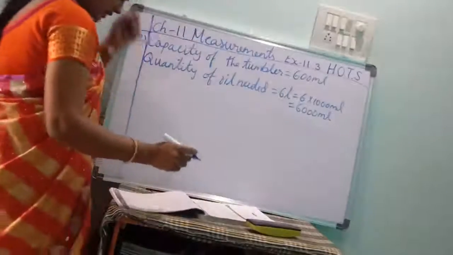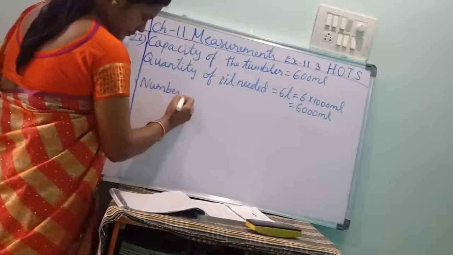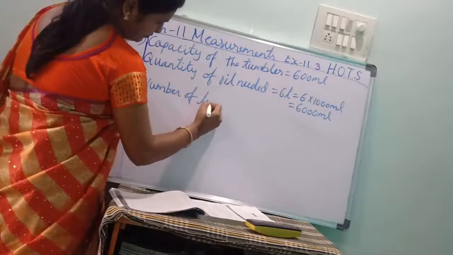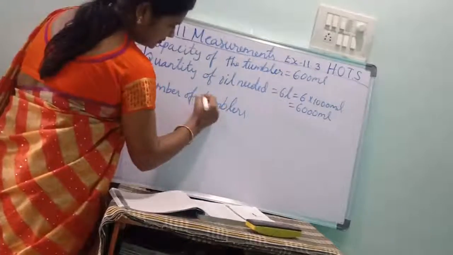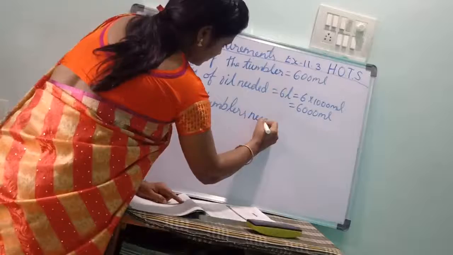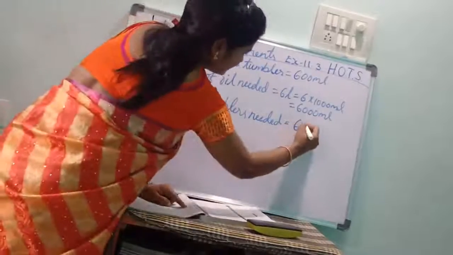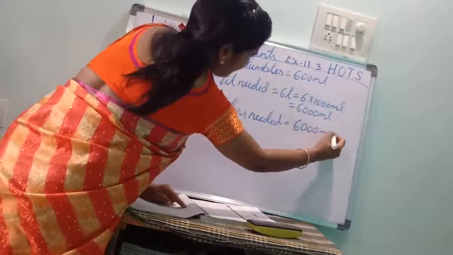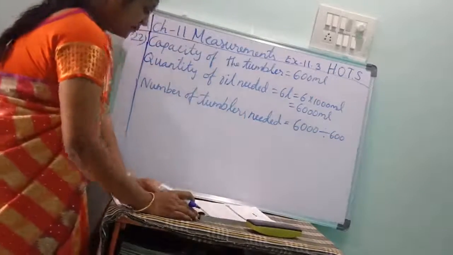Yes. Next, number of tumblers needed equals 6000 divided by 600.